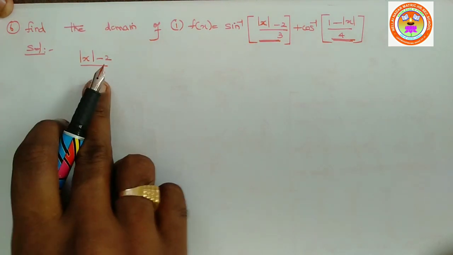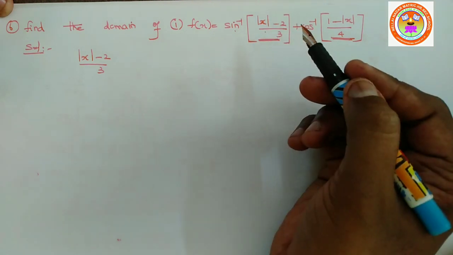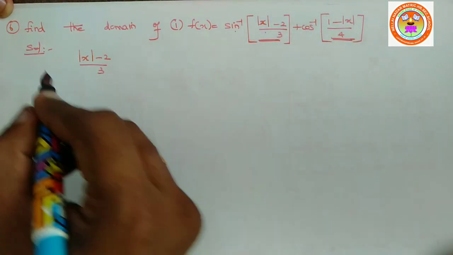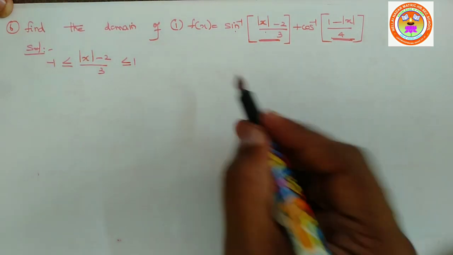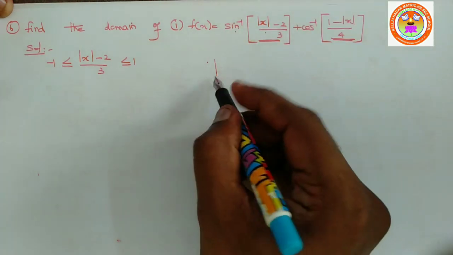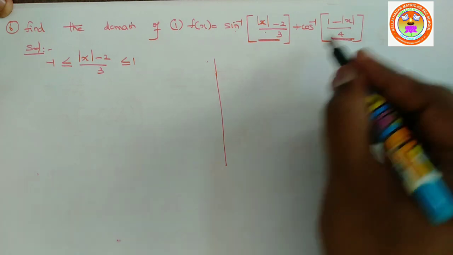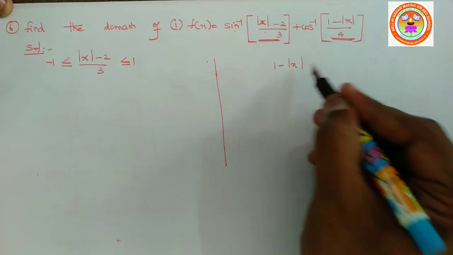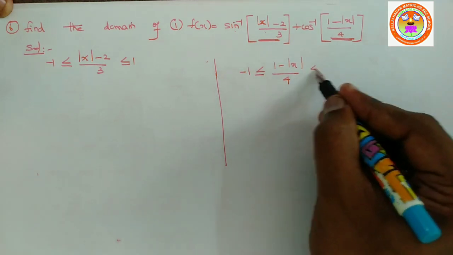We know sin inverse is followed by a value range, minus 1 to 1. This is for the first expression. Then we go for the second expression, nothing but cos inverse of 1 minus modulus of x divided by 4, the same range, minus 1 to plus 1.